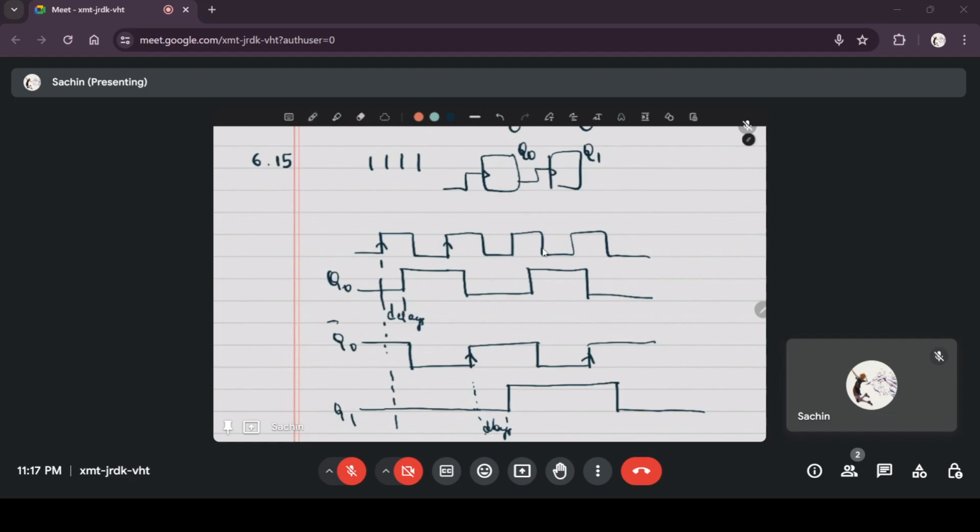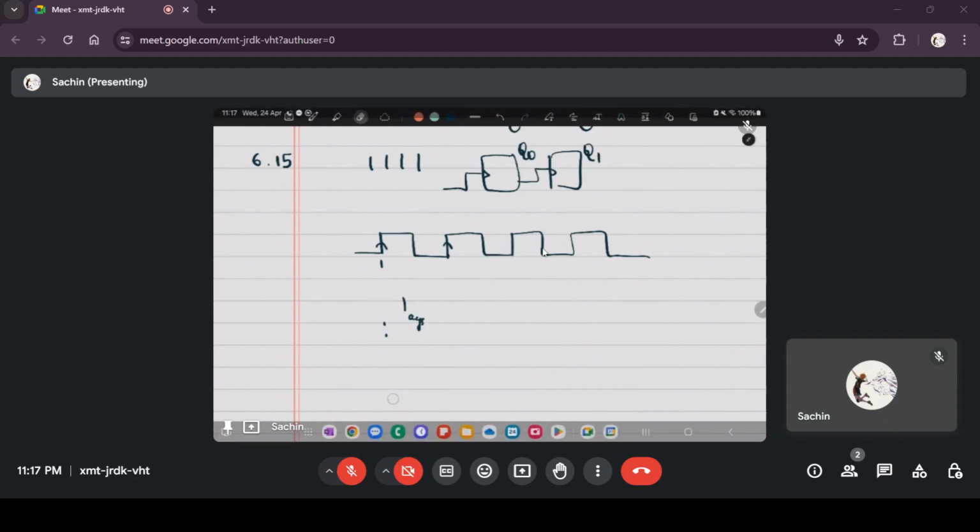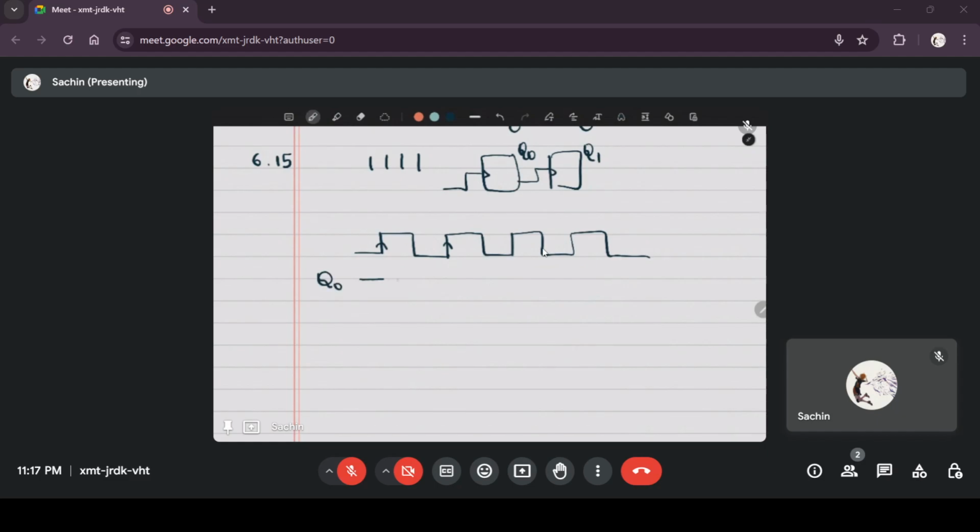So now assume an output combination, say 1 1. So Q0 is at 1. At this clock pulse, it is supposed to fall down, but it will get delayed.